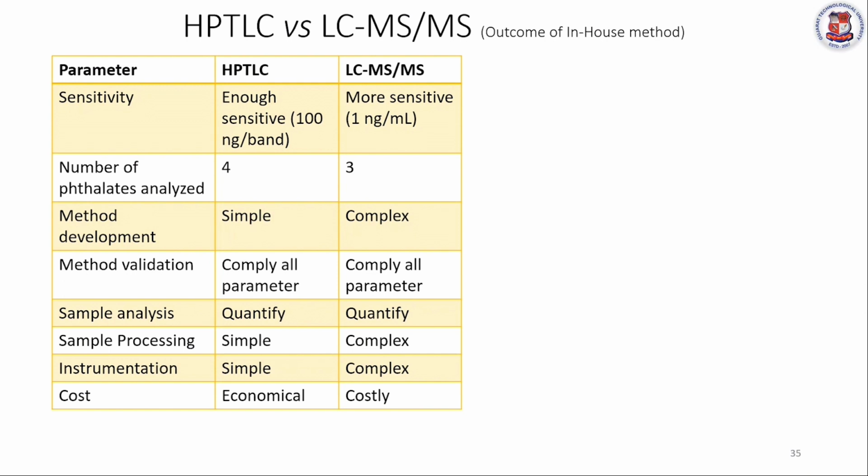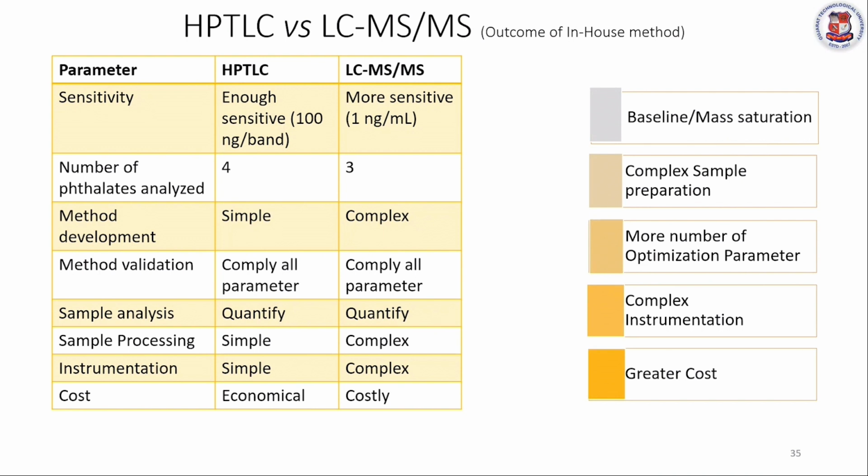Instrumentation and cost wise, HPTLC also has its own benefits. So we concluded that in LCMS-MS, there is a possibility of mass saturations, complex sample preparations, more optimization parameters, complex instrumentation, and greater cost for this type of study.